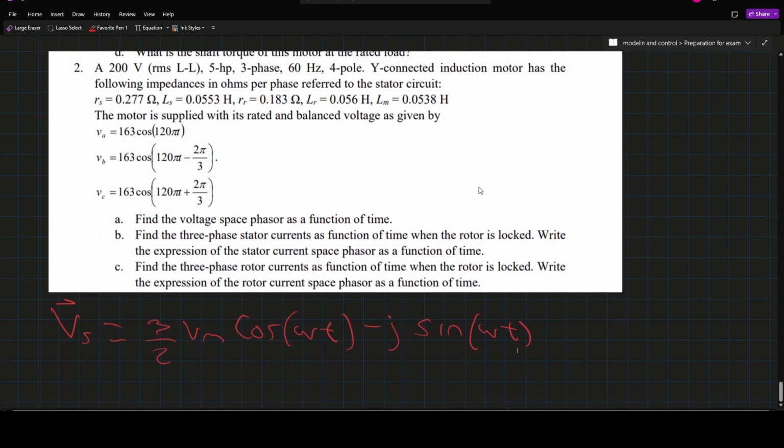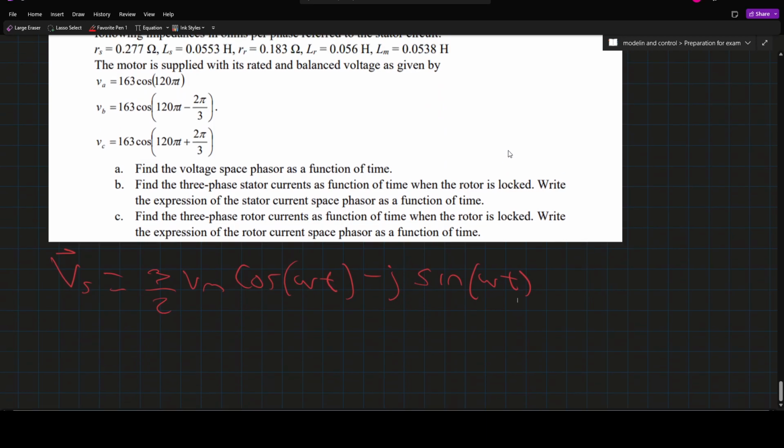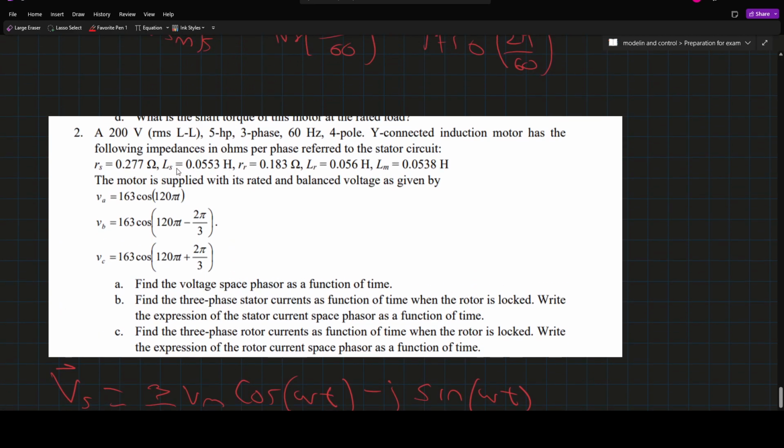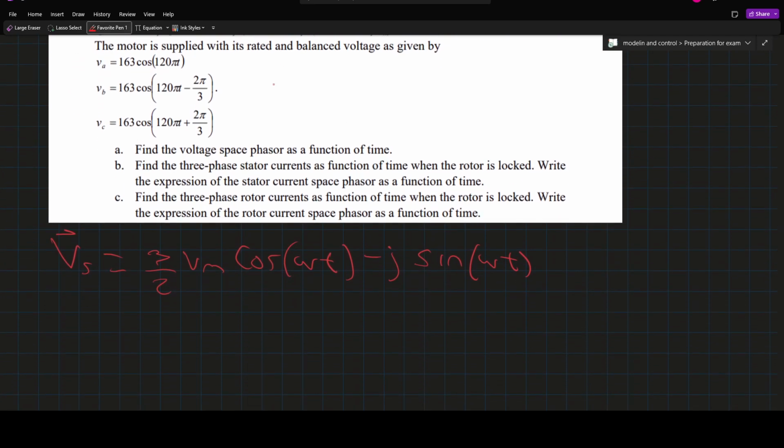Also, what can we say from here? They are giving us LS, LR, RR. So for this motor, we are going to say that L1 is equal to LS minus L naught.